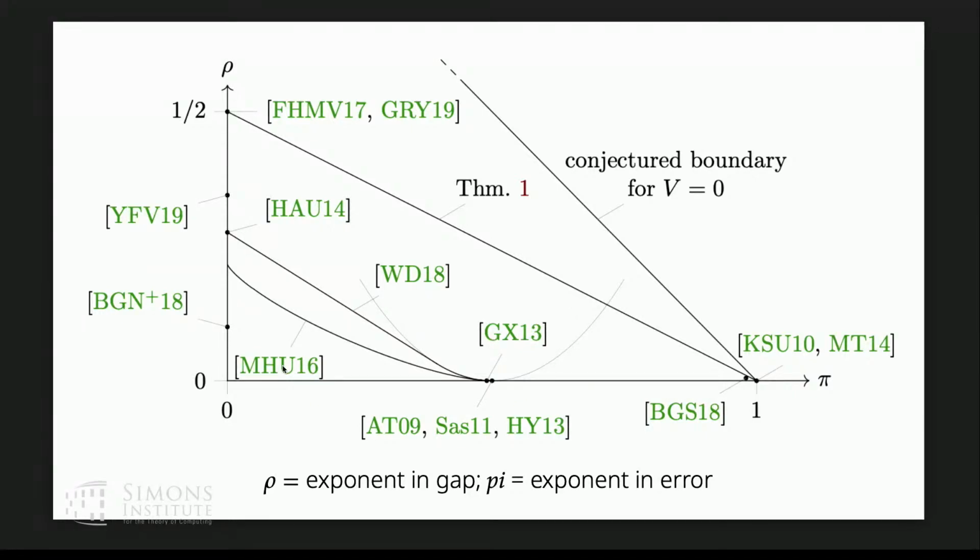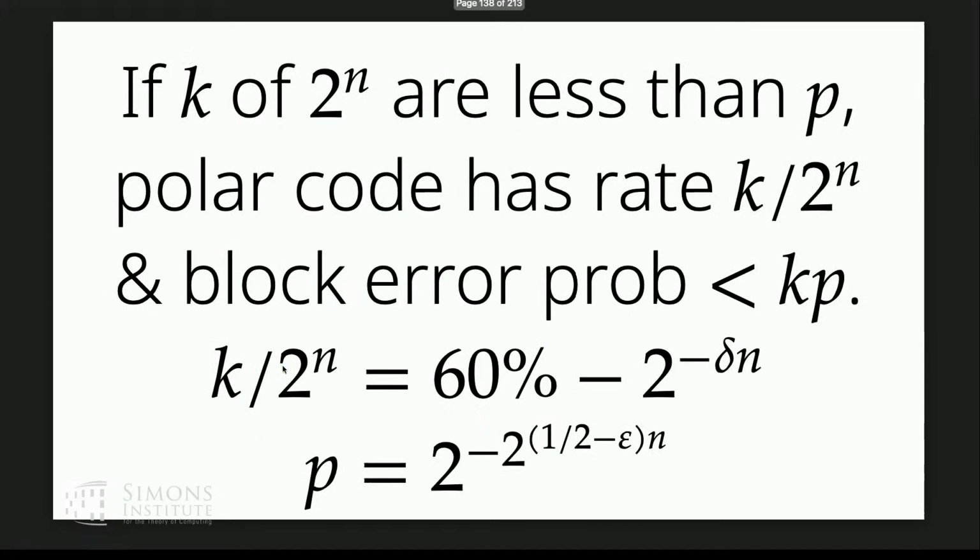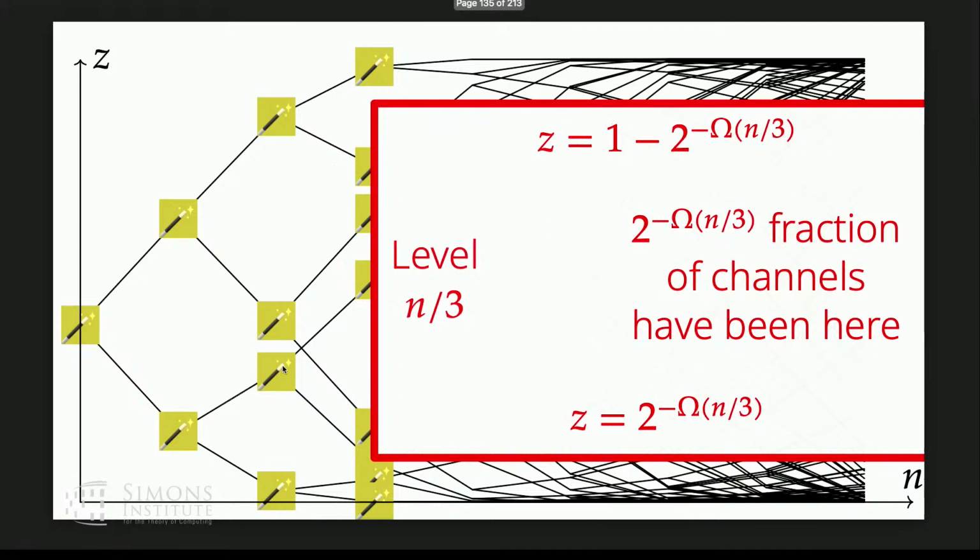The proof is in two steps. In early work, Mondelli, Hassani, and Urbanke presented this result. They presented this estimation, that is the location of this point, and they presented this whole curve using a very simple argument. If you go back to this curve, you tell me which way you want to be.